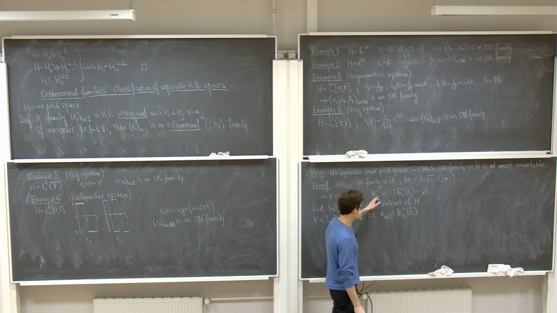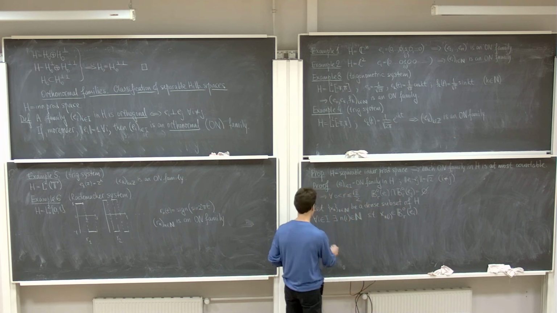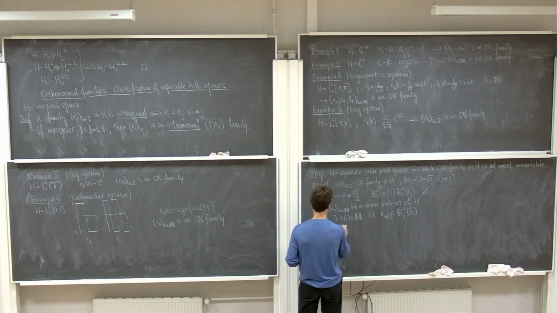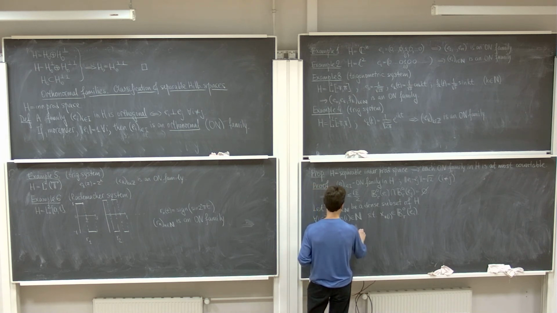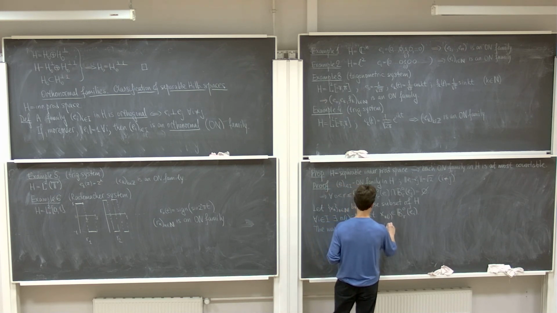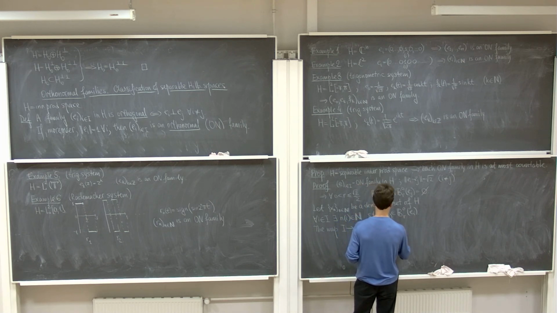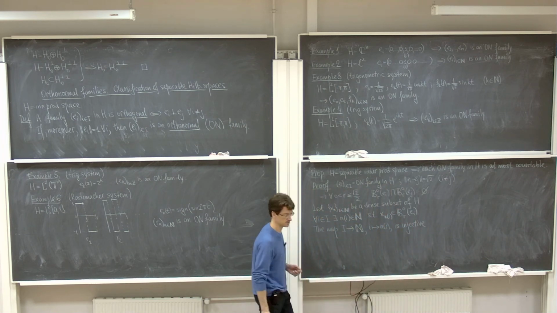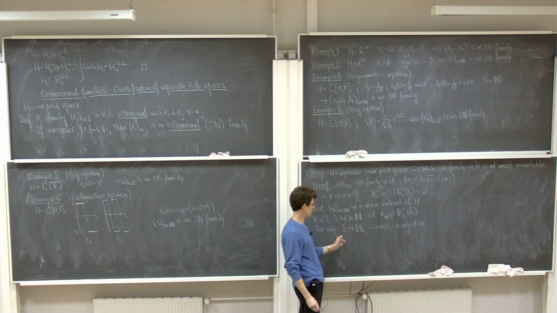But since the balls are disjoint, we conclude that the map from i to the natural numbers, which takes each i to the respective natural number n(i), is injective. Just because the balls are disjoint. But this can happen only if I is at most countable.